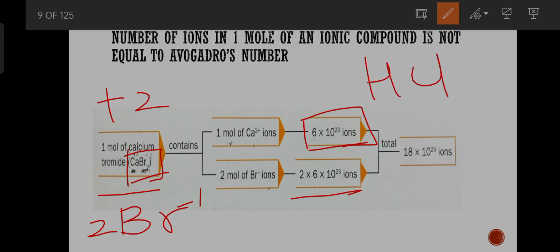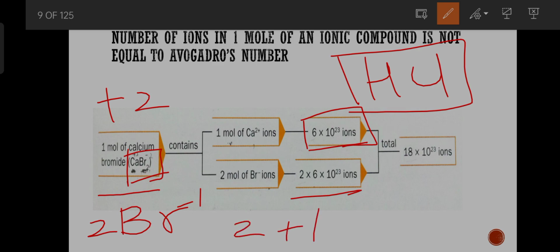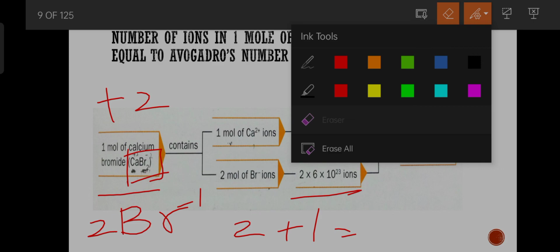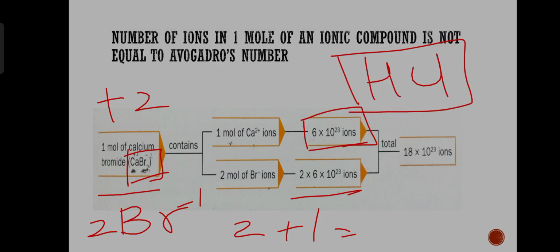So the number of atoms that are present in the compound, you will multiply that number of atoms with Avogadro's number. In molecular compounds, we have simply seen that if there is a compound HCl, it doesn't matter how many atoms are there, you will simply say that it contains the Avogadro's number because it is 1 mole. But in case of ionic compounds, you have to consider the number of atoms.